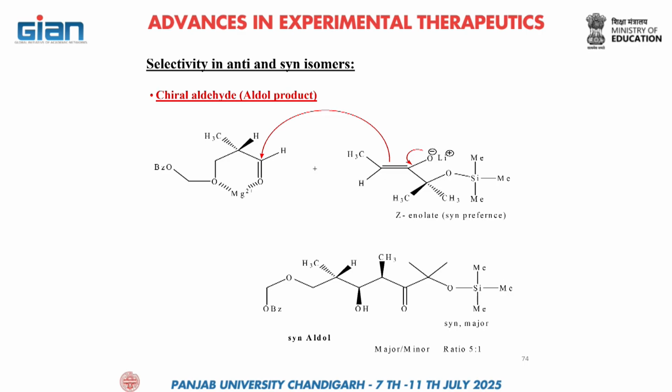Hydrogen is above the plane, methyl is, और जो आगे O बेंजाइल ग्रुप लगा रखा है वो मैग्नीशियम के साथ चिलेशन भी कर रहा है.